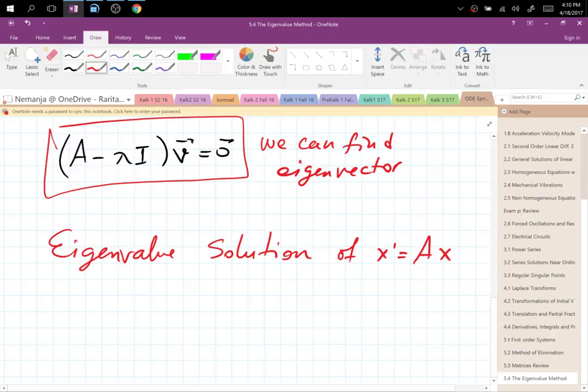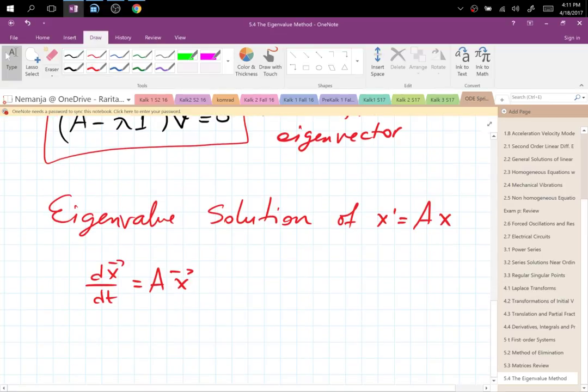So if you have a system of differential equations, the eigenvector associated with the lambda, the solution is given as V e to the lambda t.